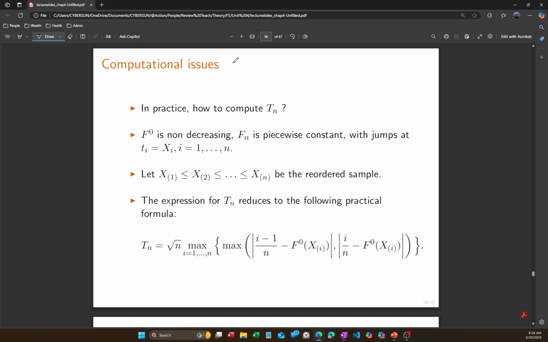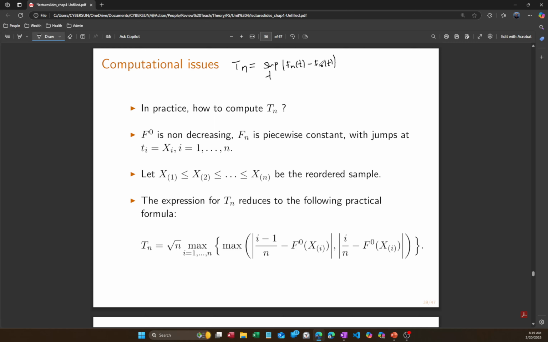Let me tell you, it's going to be Tn equals sup over t of |Fn(t) - F0(t)|. Now, recognize that Fn(t) is piecewise constant, which jumps at observed values t equal to Xi, where i can be 1 through n.